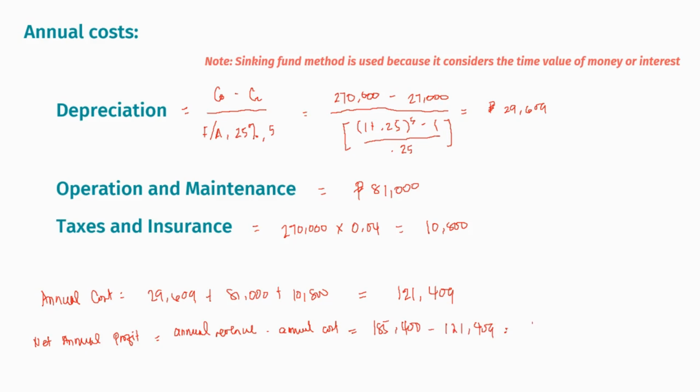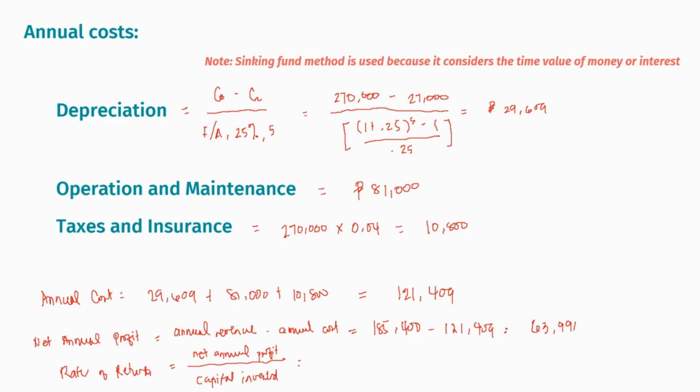That is equal to 63,991. Therefore, yung rate of return is equal to the net annual profit over the capital invested.